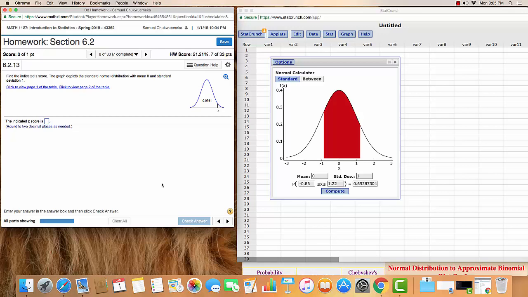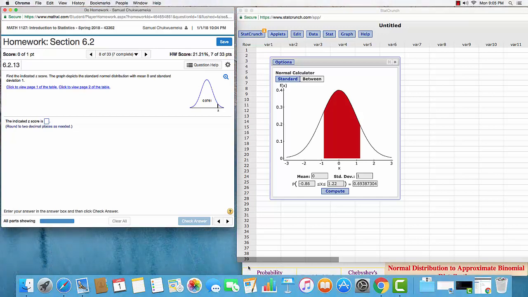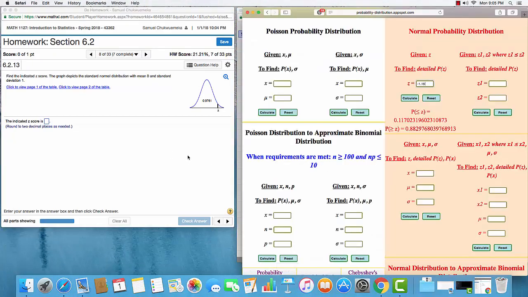Question 8. My turn, my calculator. Question 8 is now asking us to find the z-score. They gave us the probability or the area, and this is to the left. And they now want us to find the z-score to 2 decimal places. Of course, when we discuss z-scores, we say that z-score is usually rounded to 2 decimal places. So in this question, you are going to use the inverse normal distribution.